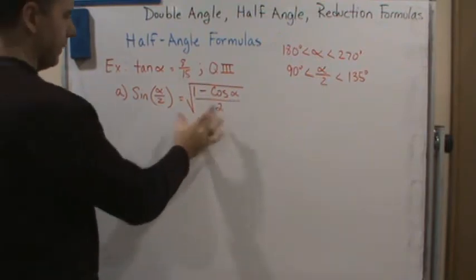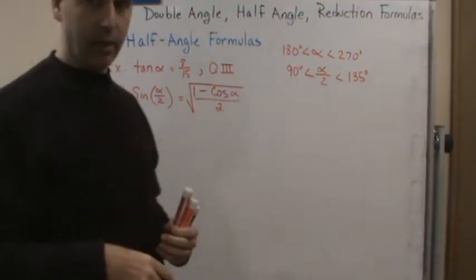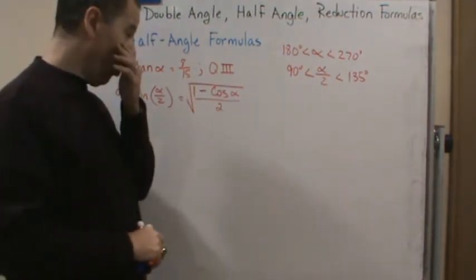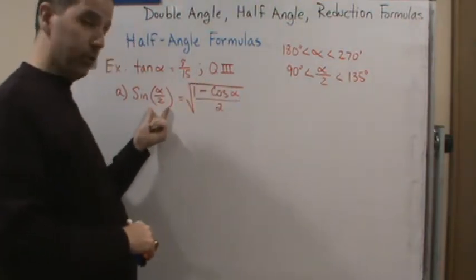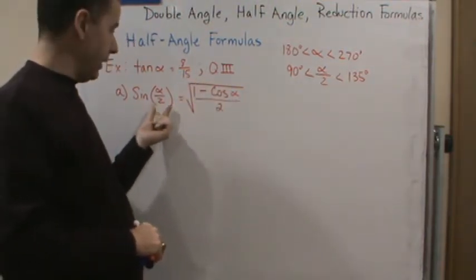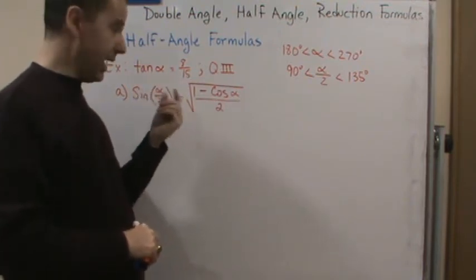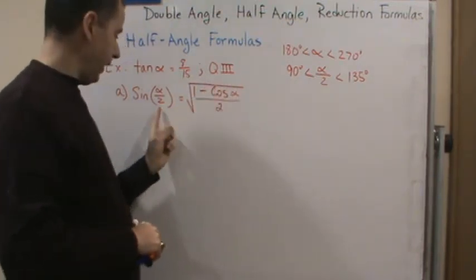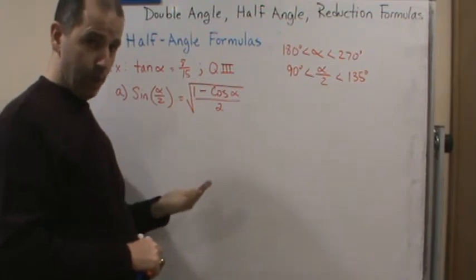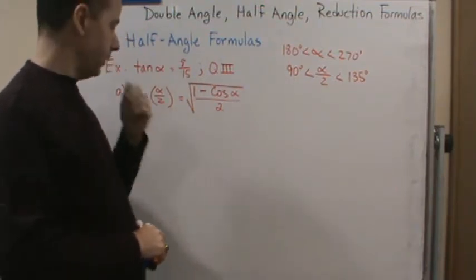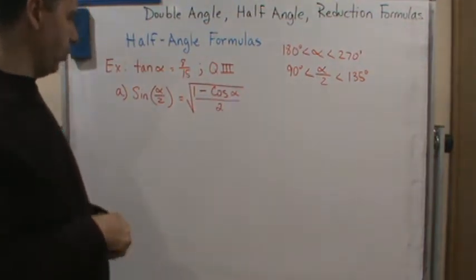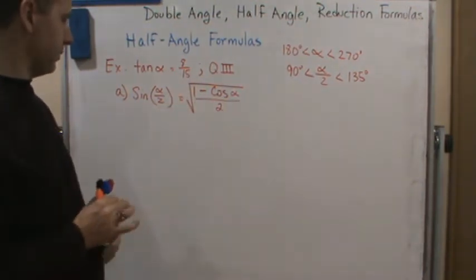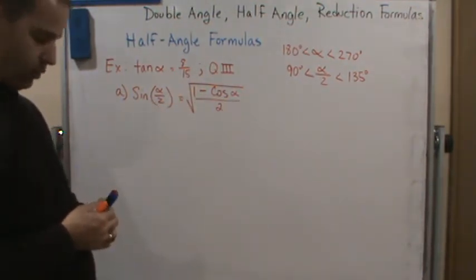You can keep the plus or minus until the end, or take care of it now, but remember you're dealing with half the angle and not the whole angle. Just because alpha terminates in quadrant 3, alpha divided by 2 may not. In this case it's in quadrant 2, so we have a positive value, since sine is positive in the second quadrant.